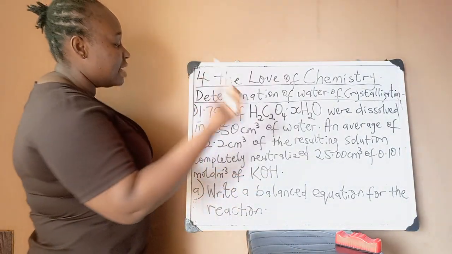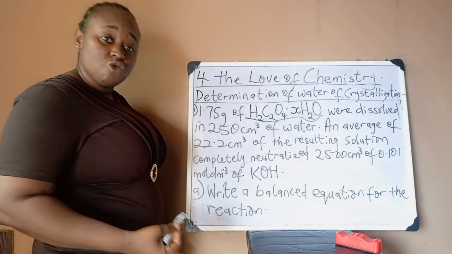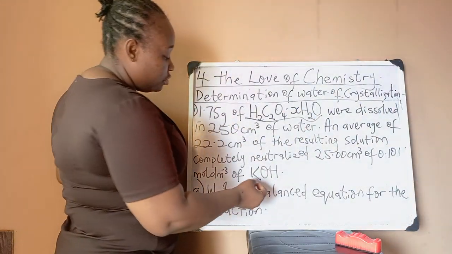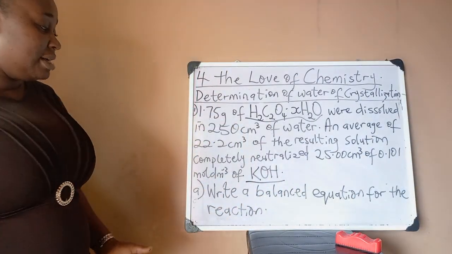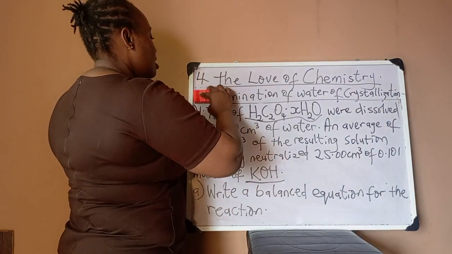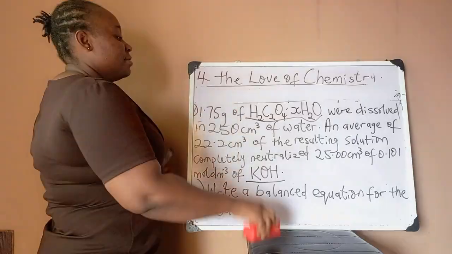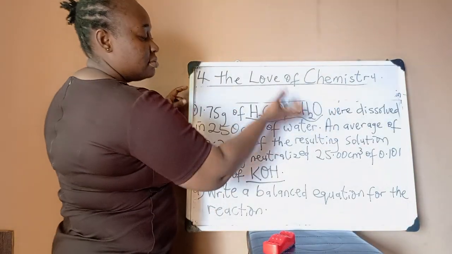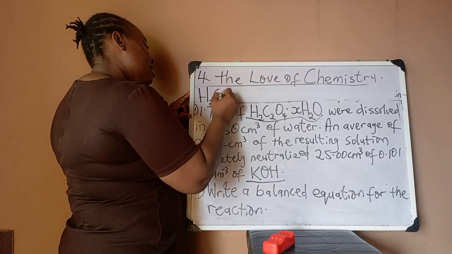So this gives us that ethane dioic acid containing this X unknown number of water molecules and potassium hydroxide are the reactants. So for us to write a balanced chemical equation, the first thing we will do is to write our reactants. So we just copy this from here. Type ethane dioic acid.